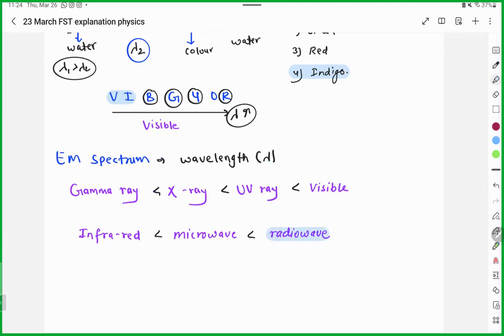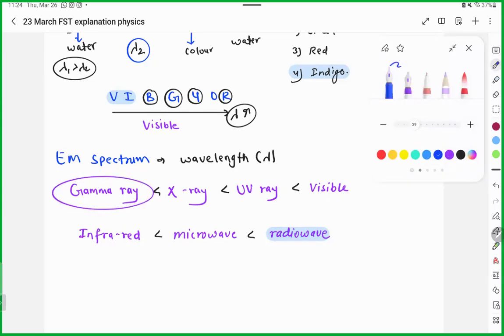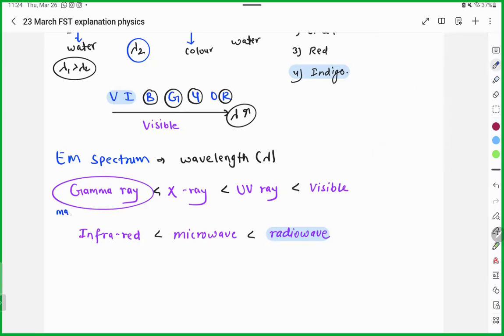If you take frequency, it will be the opposite. Gamma ray has maximum frequency and minimum wavelength.